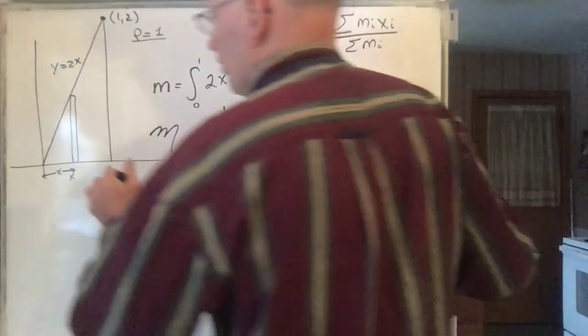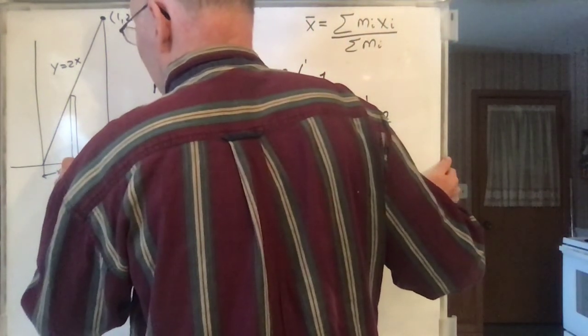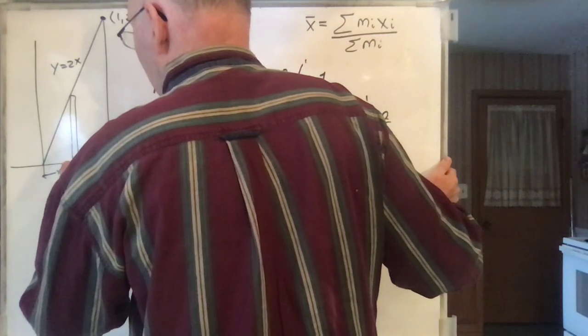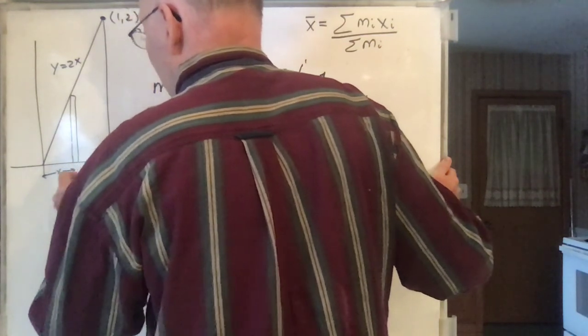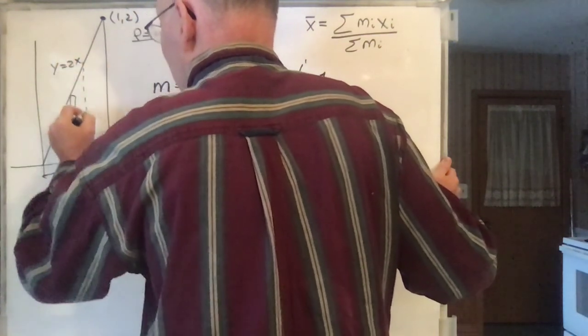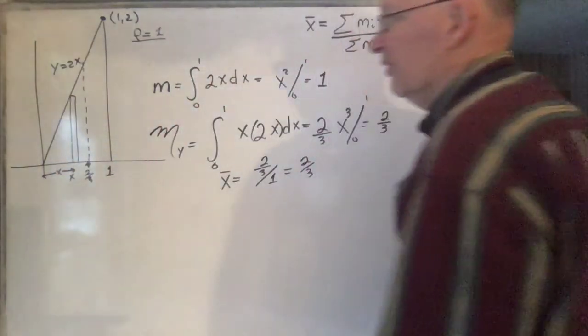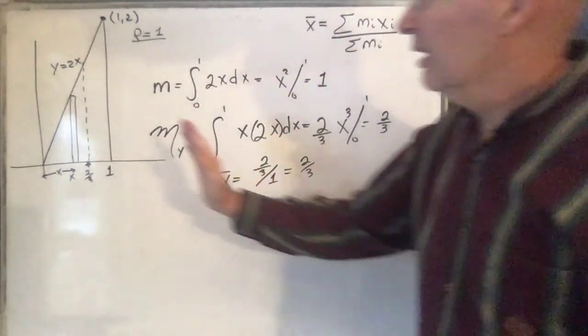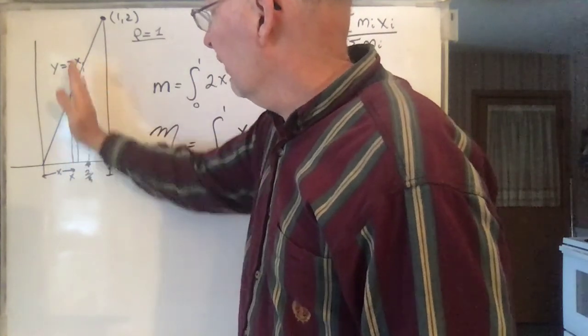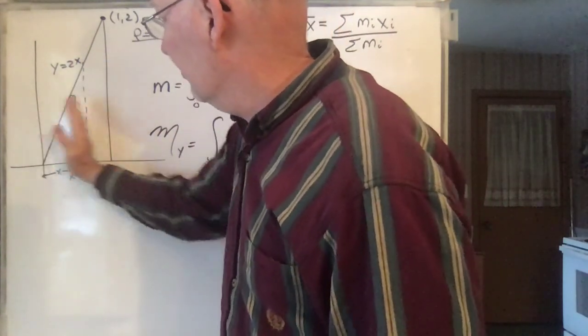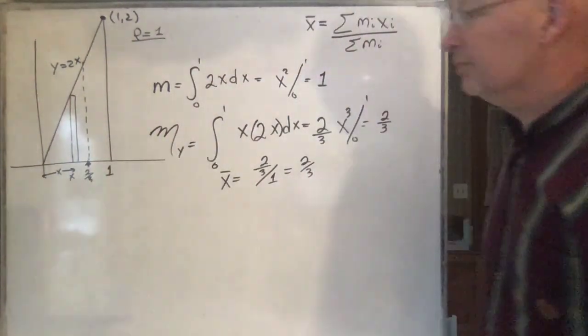Okay, so it's going to be right out here someplace. So there's somewhere along that line. I can balance it right along that line there where it's going to balance on both sides.